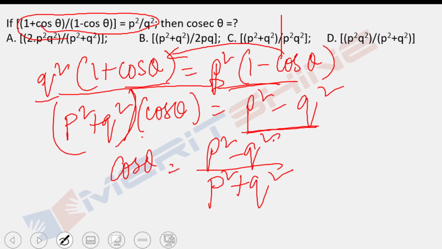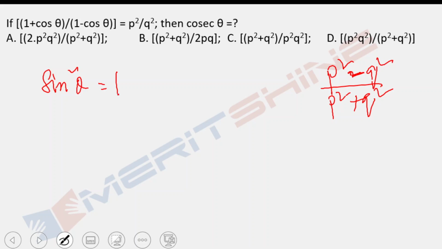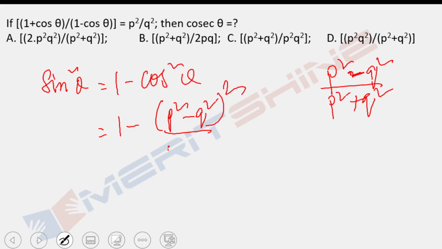Remember this: P square minus Q square divided by P square plus Q square. This is cos theta. So to have sin square theta, I will have 1 minus cos square theta, which is 1 minus P square minus Q square whole square divided by P square plus Q square whole square.